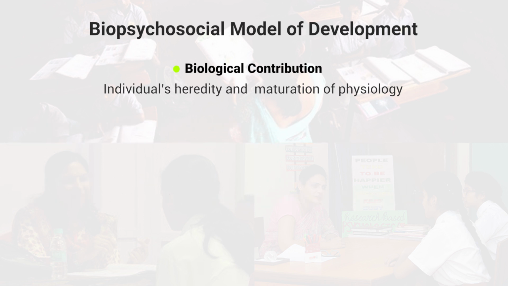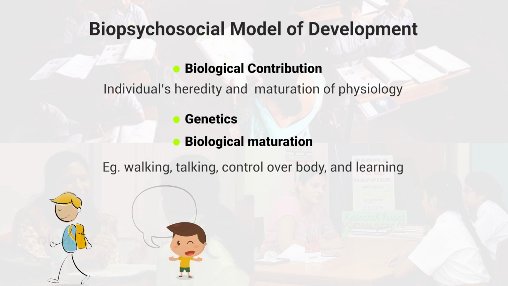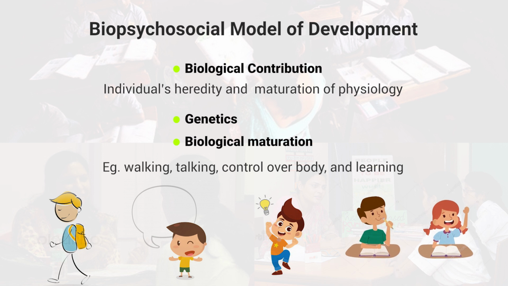The biological contribution that gives rise to developmental task is genetic and biological maturation. These are the same for the people of any culture. For example, skills like walking, talking, control over body, and learning have contributions from genes and typical maturation process. The acquiring of these skills involves the same mechanics.